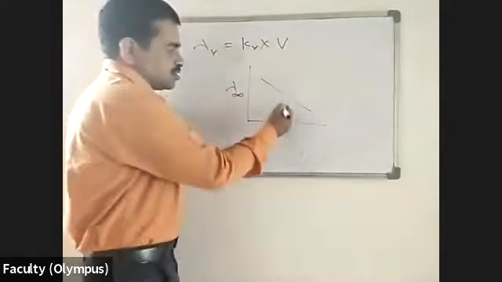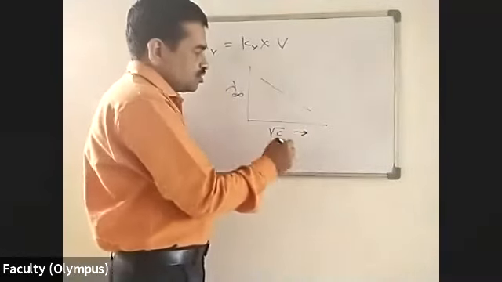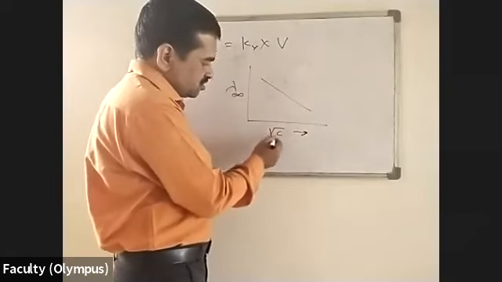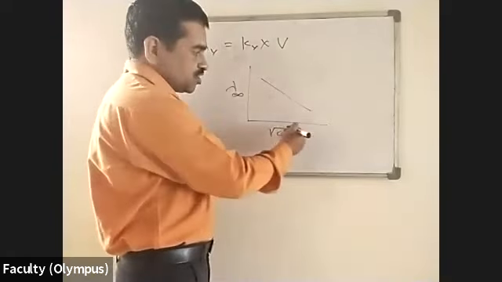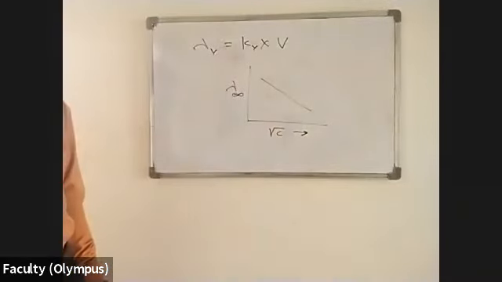See here, concentration increases in this way, which means dilution increases in this way. Dilution is decreasing here. Now this is the graph.